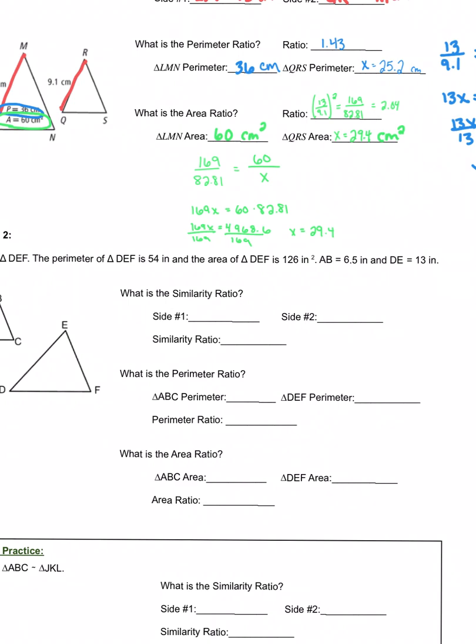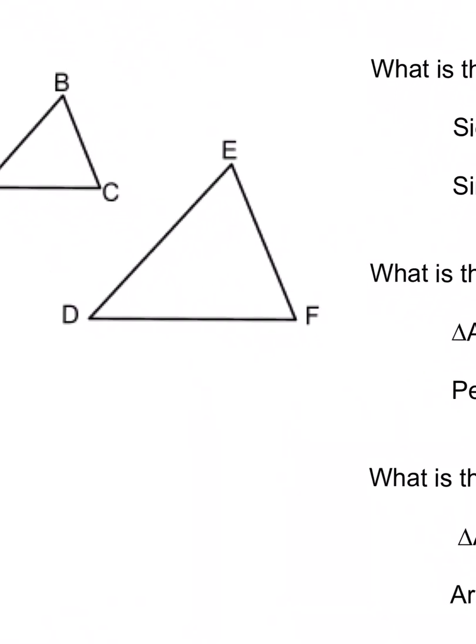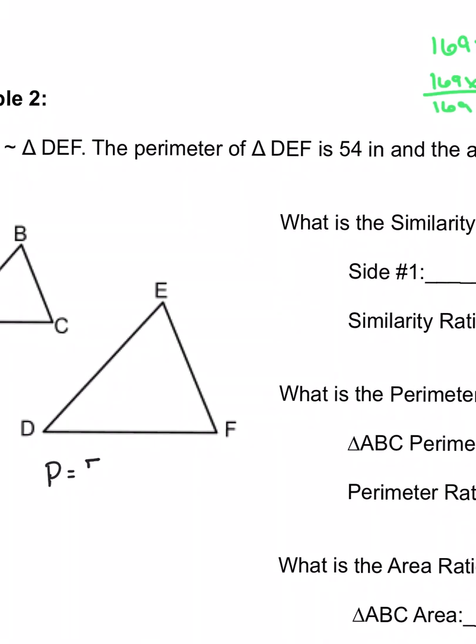So I'm going to use the perimeter of DEF is 54 inches, and the area is 126 inches squared.